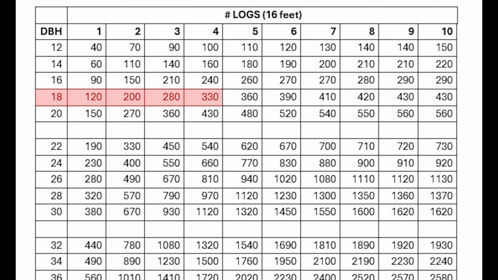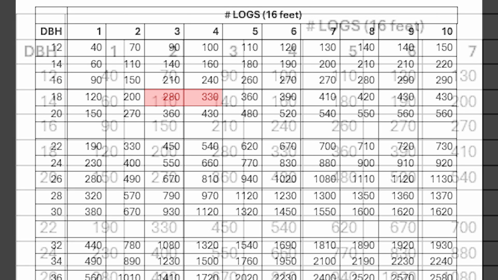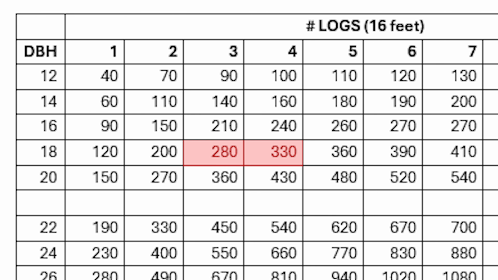Then, for the 3.5 logs, we average the values for 3 logs and 4 logs at 18 inches. In this case, we would average 280 board feet and 330 board feet by adding them together and then dividing by 2 for a final answer of 305 board feet.